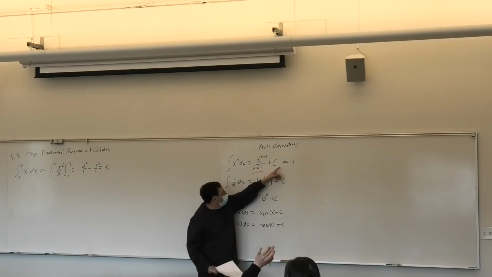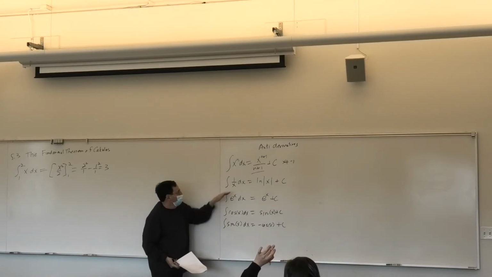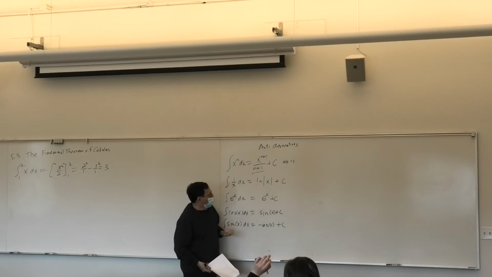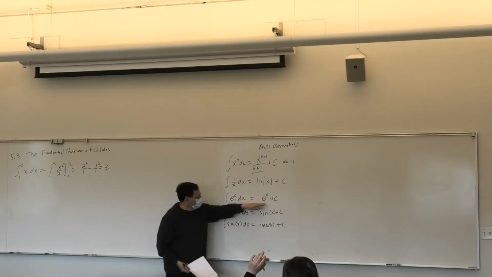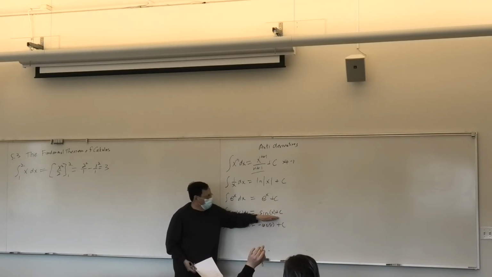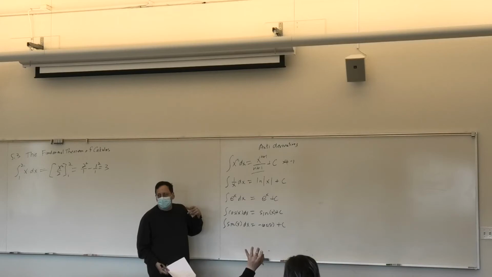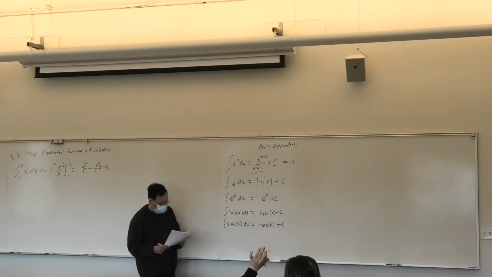For the one case where we have x to the minus 1, we have this special case, 1 over x, antiderivative is the absolute value of the log. E to the x is just e to the x. Cosine is sine, we're going backwards from our derivative direction, and then sine becomes minus cosine.